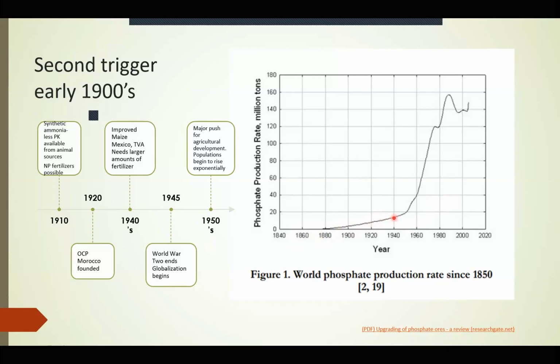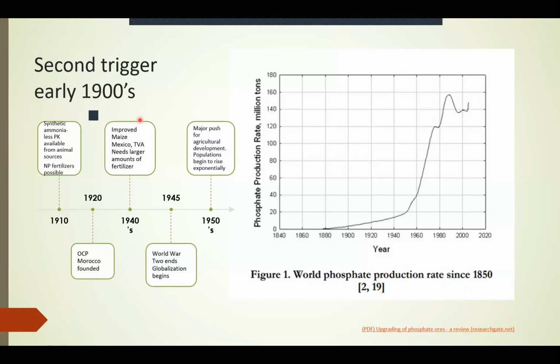However, something happens in Mexico in 1940. So the US has a research station, Tennessee Valley Authority. Many of you who know history know about this, but they had an agricultural research arm, and they were looking at improved grain production. And they introduced improved maize varieties into Mexico to increase the cereal production.